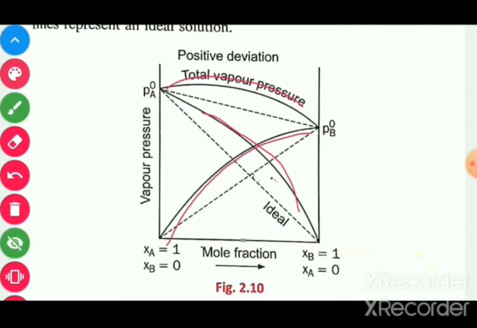Considering the dotted line that starts from x equal to 1 and ends at P naught B, the bold line indicates the positive deviation with respect to component A, and this is the line with respect to component B. This line of positive deviation indicates the total vapor pressure of the solution in the case of positive deviation.